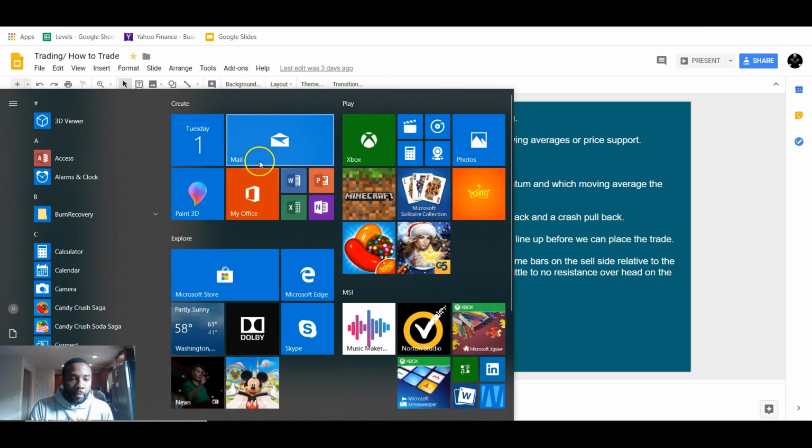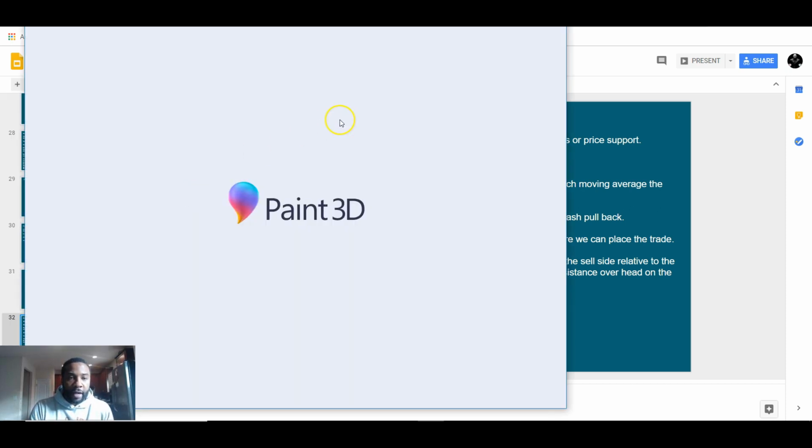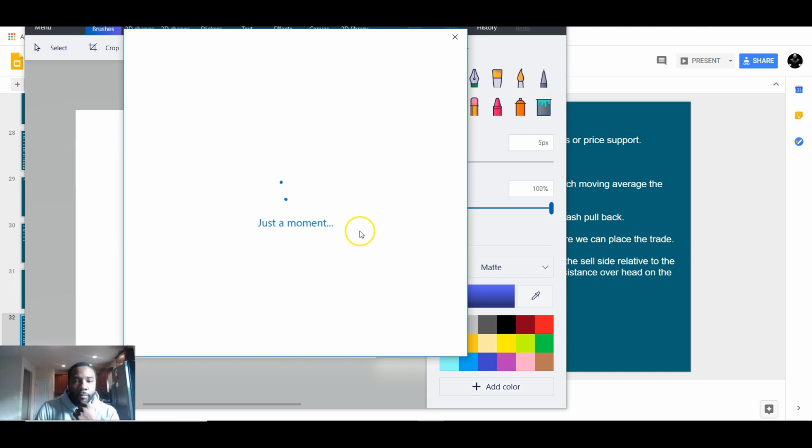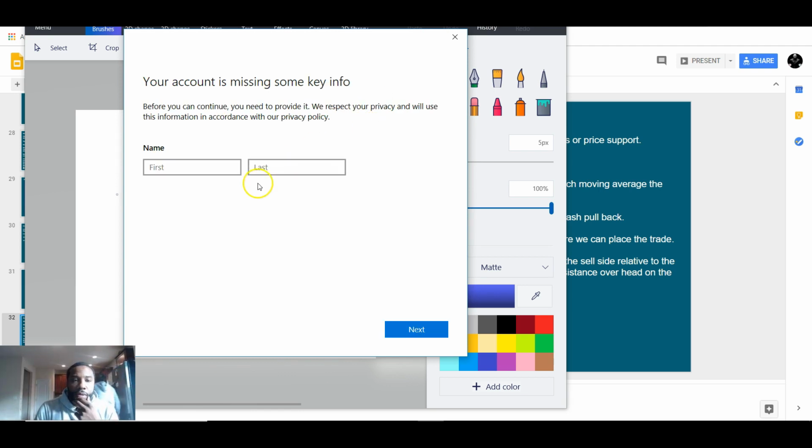Okay, maybe this will help right here, this Paint 3D. Hopefully I don't have to set anything up. I can just start drawing. Come on, let me see. Oh man, come on.